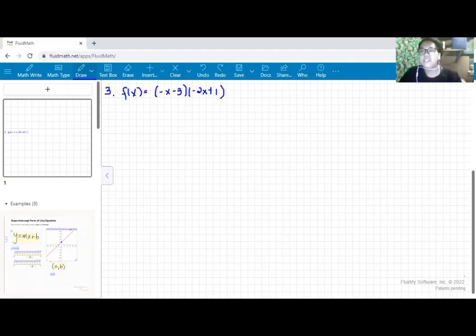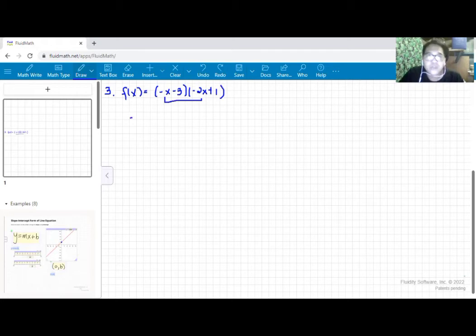Let's represent this expression as an equation. To do that, we need to transform it into standard form. To transform it into standard form, we use the FOIL method, where we first multiply negative x by negative 2x.